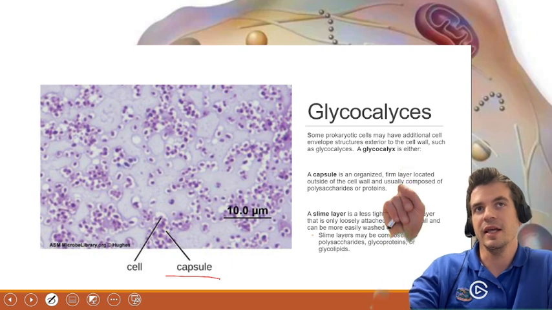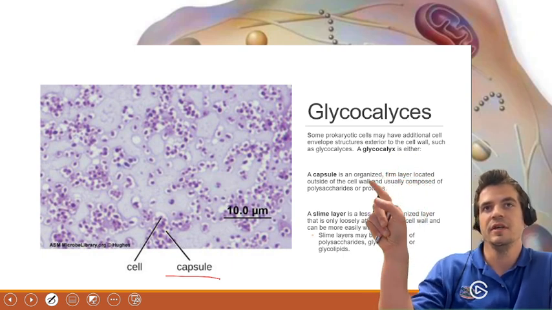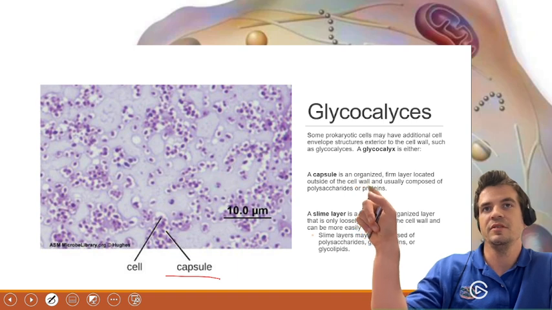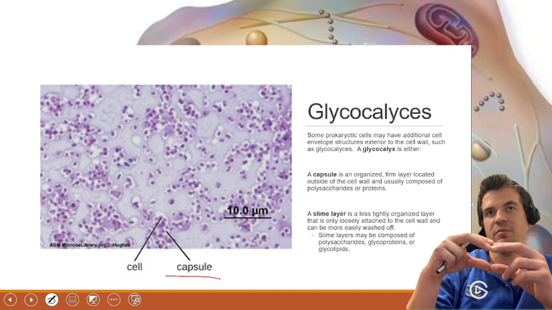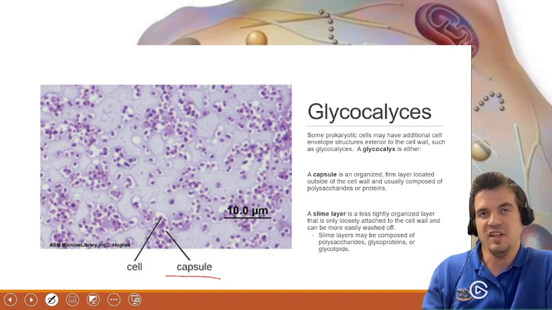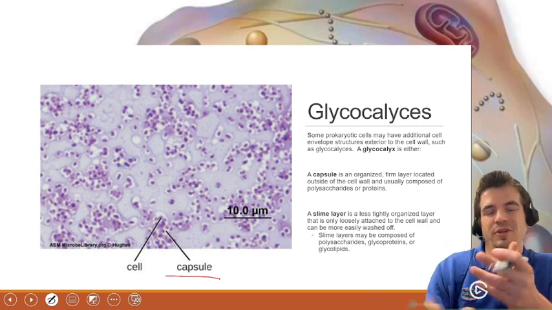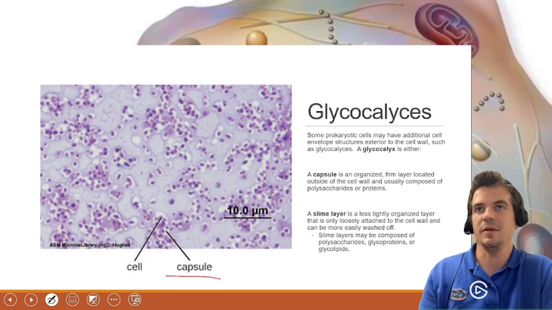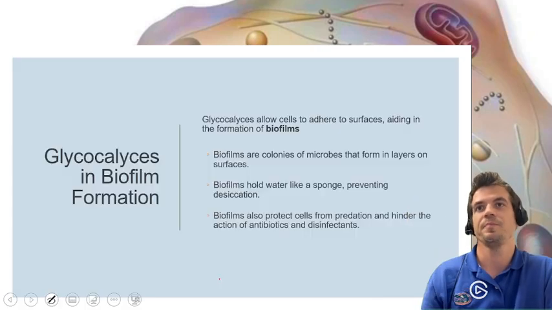So glycocalyces, glycocalyx is the singular. Capsules are organized, just like if you were taking an Advil tablet. It's nice and organized, and if you had slimy, it's going to get all over your fingers, and you're going to want to get it off of you. Not really organized, right? So keep that analogy in your head when you're thinking about glycocalyces.